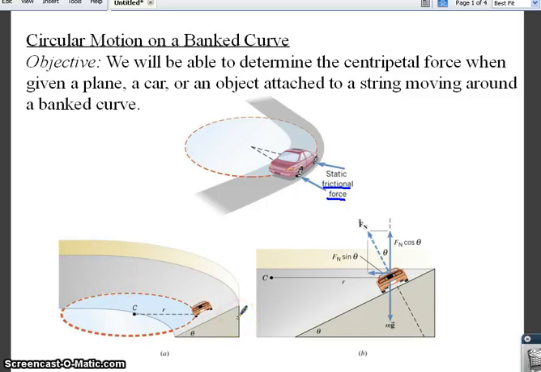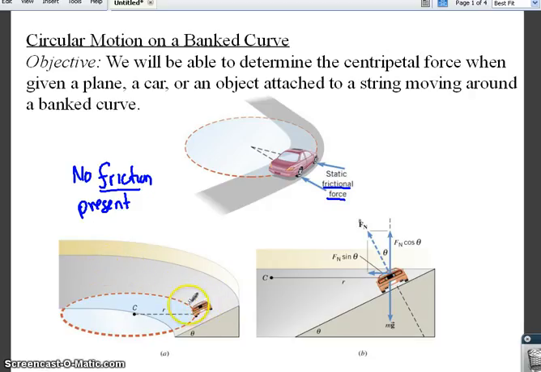And so for all the problems we're going to do right now, we're going to say there's no friction present. Unlike this situation right here, where the wheels are causing the car to turn, if this person just drives straight, with the wheel straight, the car will still turn.